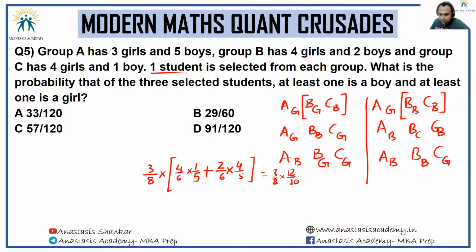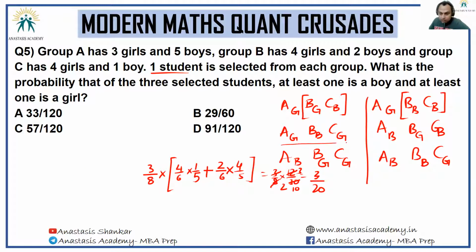This we have got one case. Oh, this is girl from B. Okay, so 3 by 8 into 12 by this. So 3 by 20 we have got. More than 15% we have got.